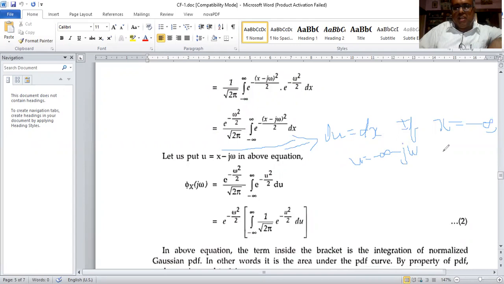So if I add anything to minus infinity or subtract anything from minus infinity, I get minus infinity only.